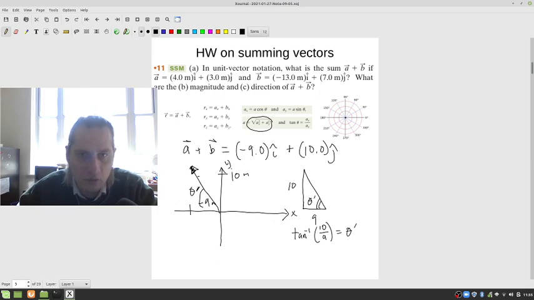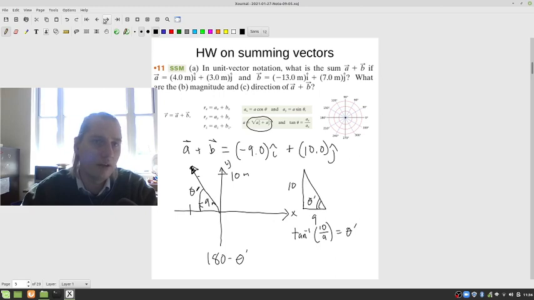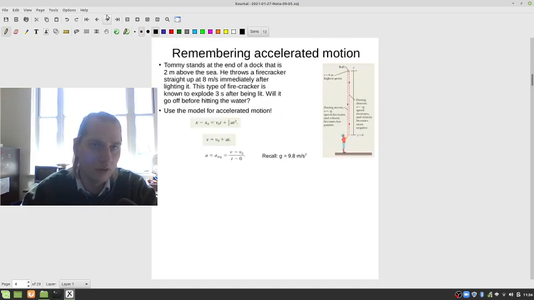And then if you wanted to find the direction in terms of the usual way of labeling this, the direction would be 180 minus that angle. Okay, so just be aware, even though the equations are set up pretty slickly, you don't want to just apply them mindlessly. You always want to think carefully about what you're doing.